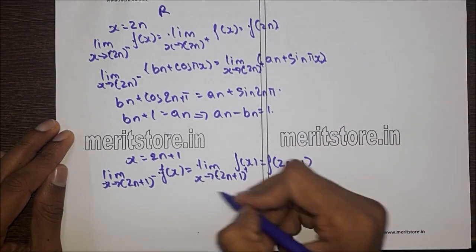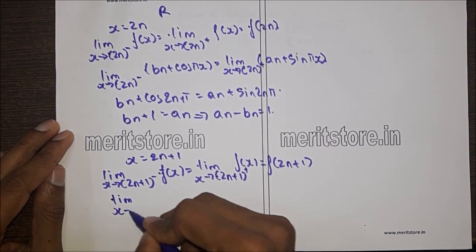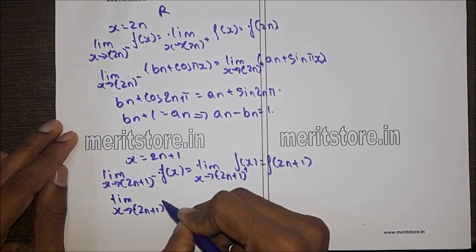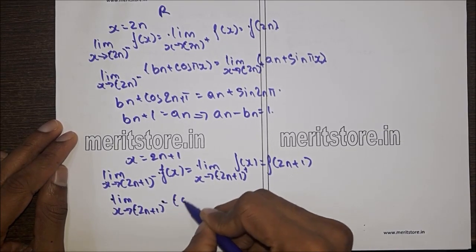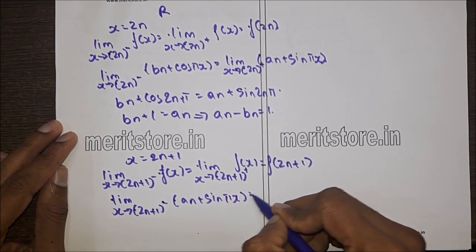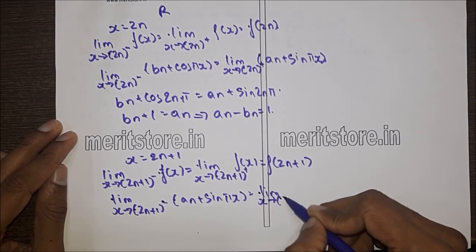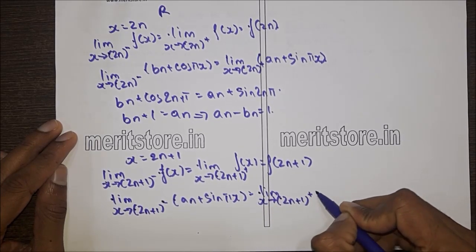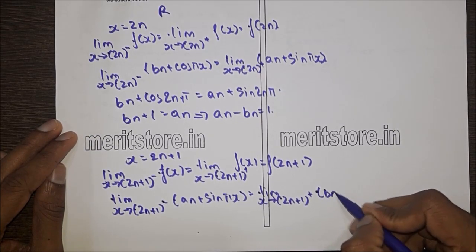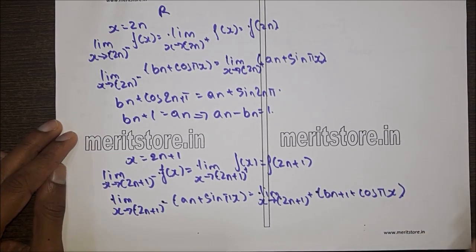Further, we substitute the function as limit x approaches 2n plus 1 from the left hand side a_n plus sine pi x equal to limit x approaches 2n plus 1 from the right hand side of b_(n+1) plus cos pi x.